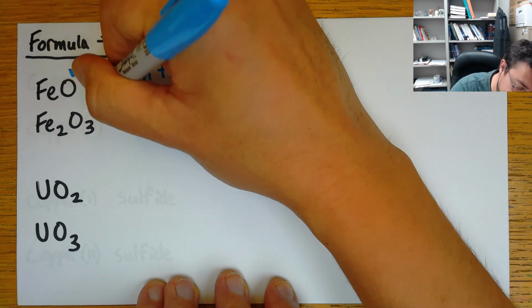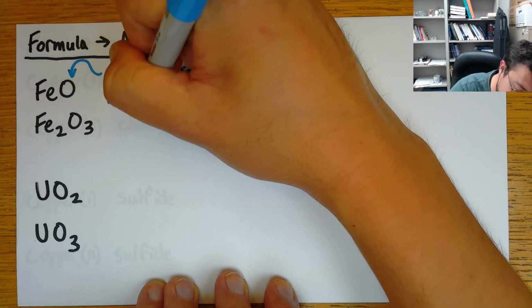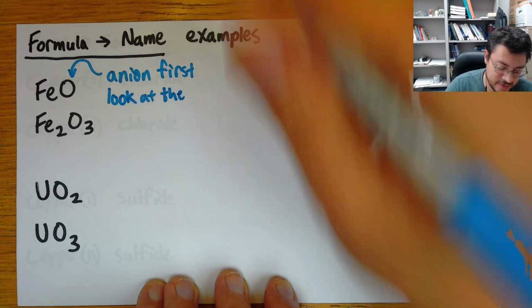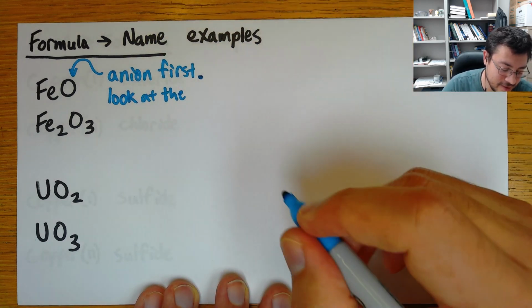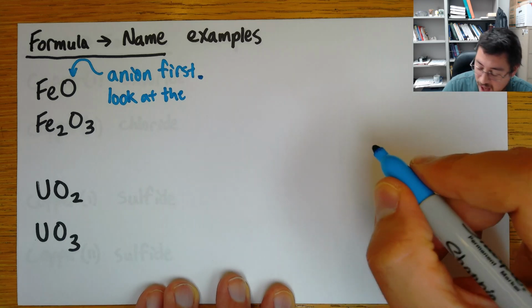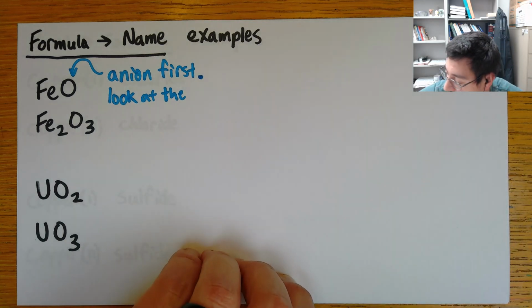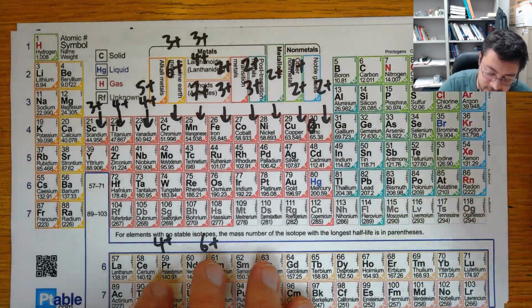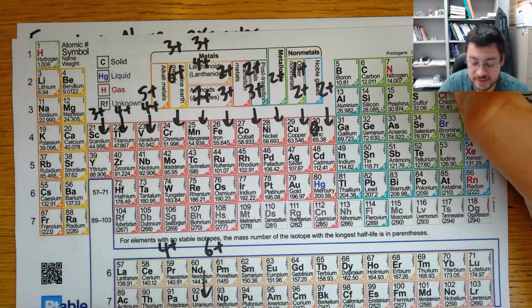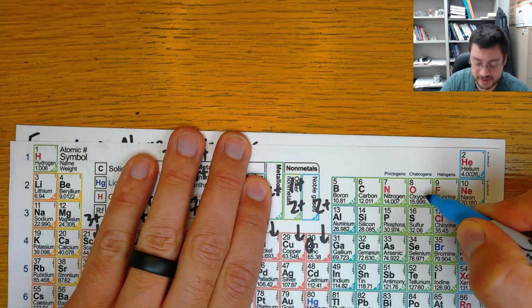Oh my gosh, I wrote that upside down. But look at the anion first. Oxygen, thankfully, is one of those elements that always has a constant charge, and that charge for oxygen is 2-.